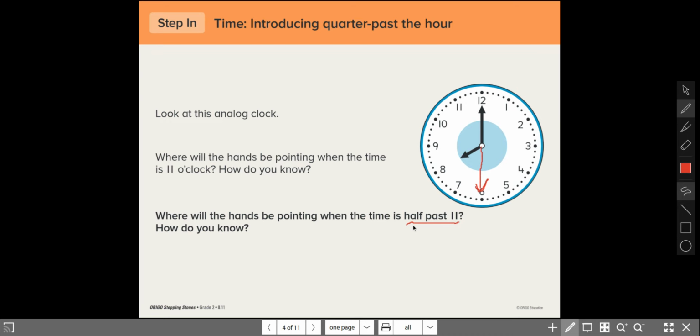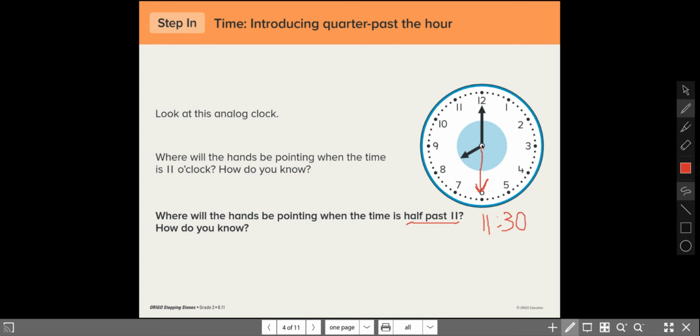And half past 11, if we wrote it a different way, it would look like this, 11:30, and we can count to prove it. 5, 10, 15, 20, 25, 30. So my minute hand is in the right new place, but I need to change the hour hand to show half past 11 or 11:30.